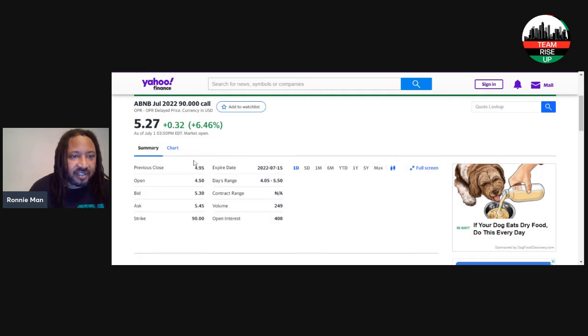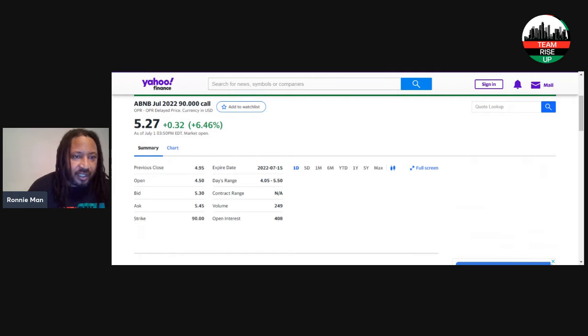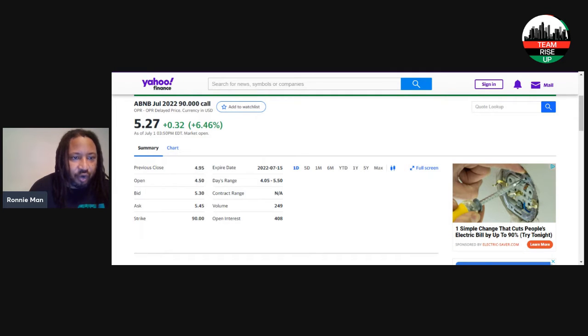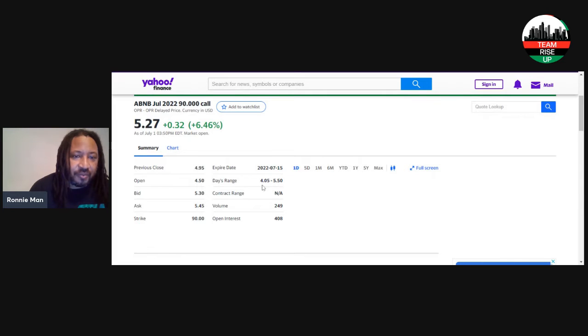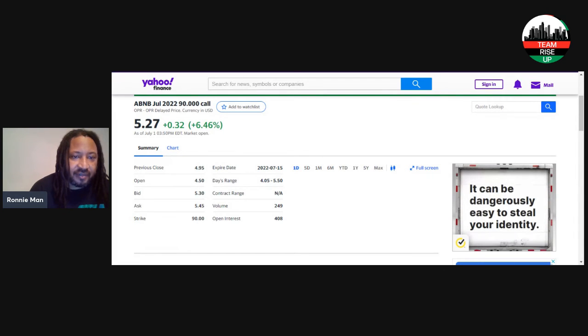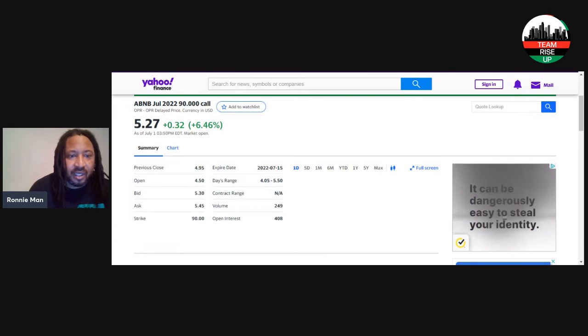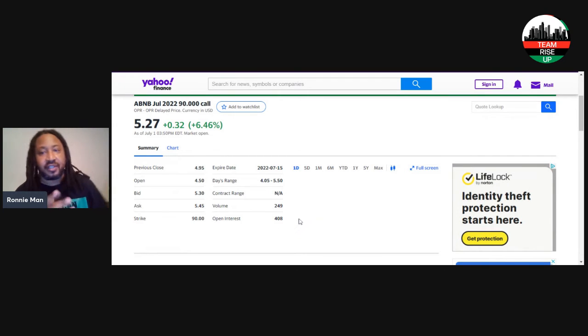It tells you the previous close, where it closed on that Thursday. It gives you the opening price, the bid price, and the ask. It reminds you that this is the $90 strike price and these are calls. It gives you the expiration date, and then the range. The range is the lowest price of the day and the high price of the day. And it gives you the volume and how much open interest this contract has.